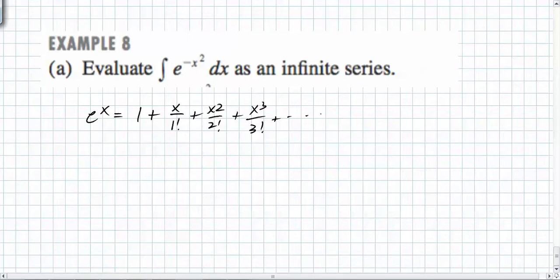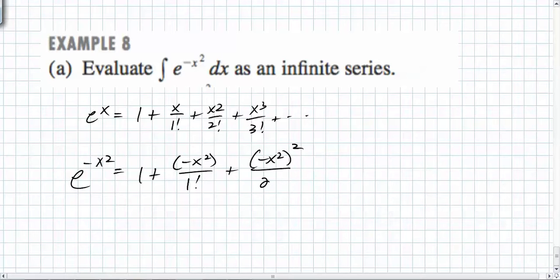It's nice. Can't hurt to write it out once. So what is e to the negative x squared going to equal? 1 plus negative x squared over 1 factorial plus negative x squared squared over 2 factorial plus negative x squared cubed over 3 factorial, correct?